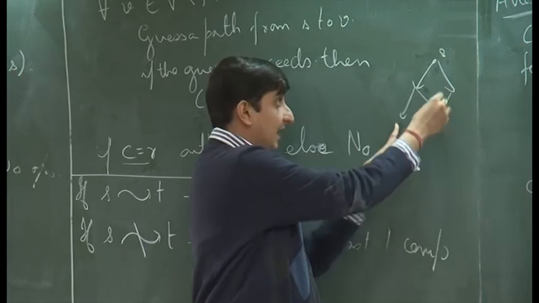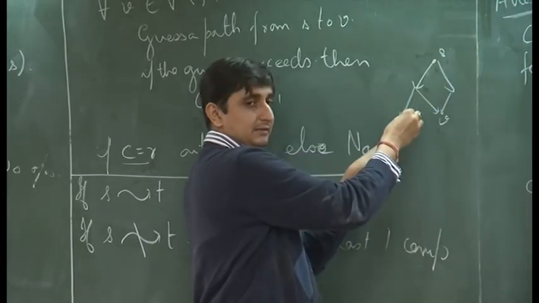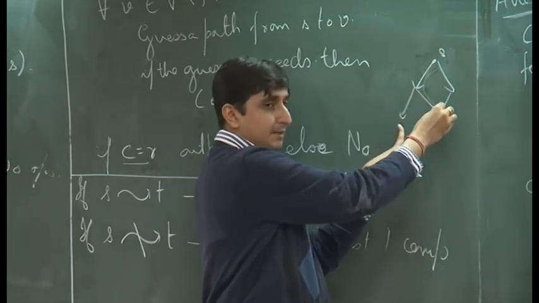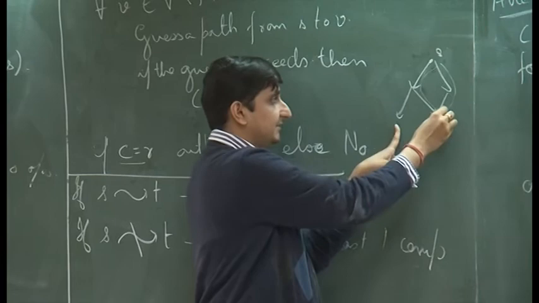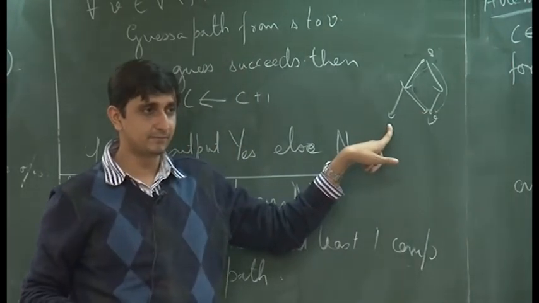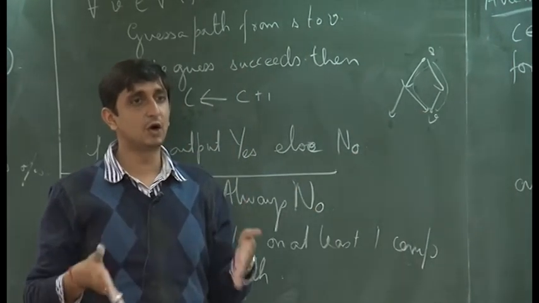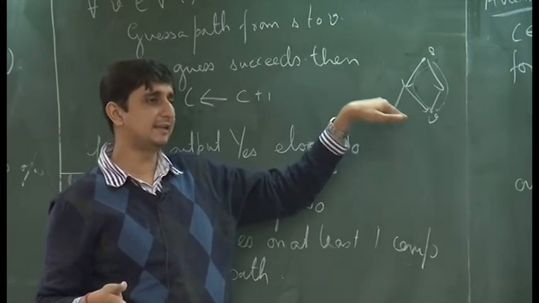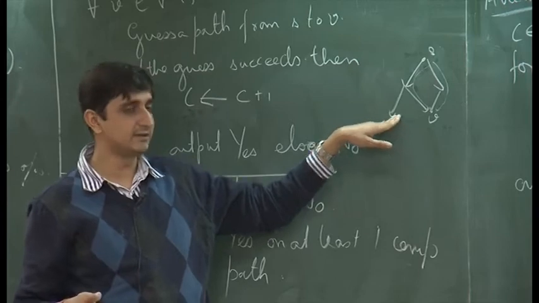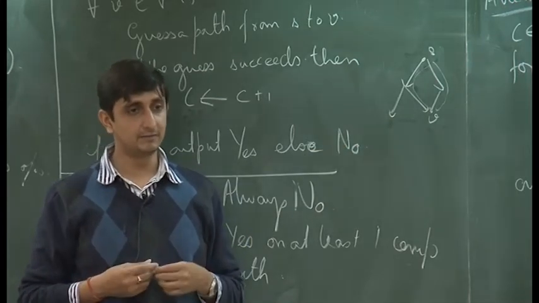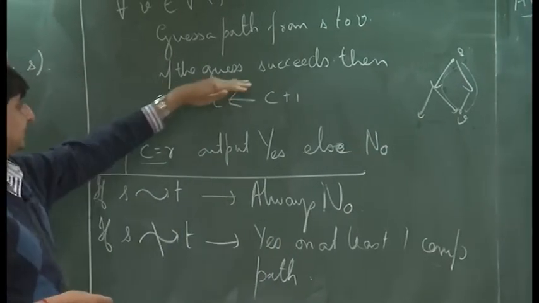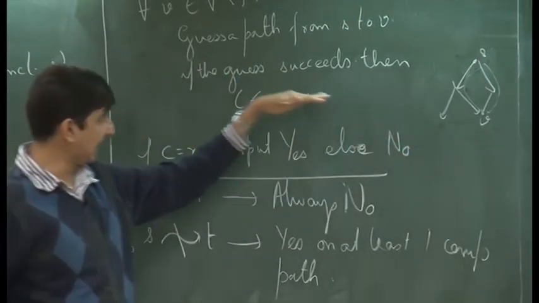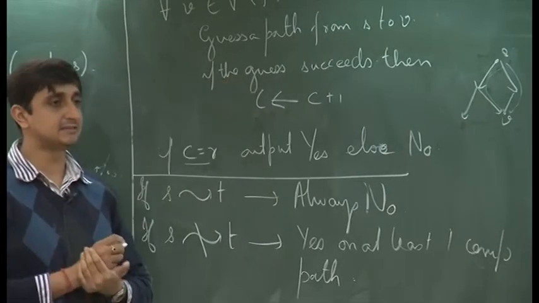If I am guessing this path, then I will never be able to find V. If I am guessing this path, then I am able to find V. Also, if I am guessing this path, I will be able to find V. So, there is a sequence of non-deterministic choices along which I will find V, and there can also be a sequence of non-deterministic choices along which I will not find V. That is what I am saying, that even if a vertex is reachable, it is possible that my guess does not succeed.